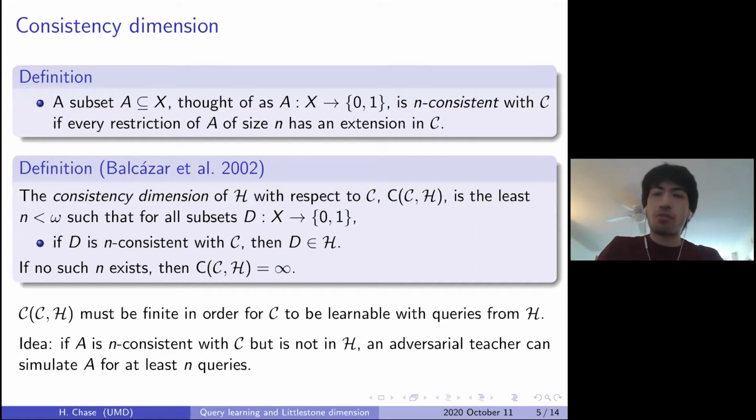The only way for us to disprove that it's A is either to exhaust all of those n queries or submit A itself. But if A is not in the hypothesis set, then we can't submit it.